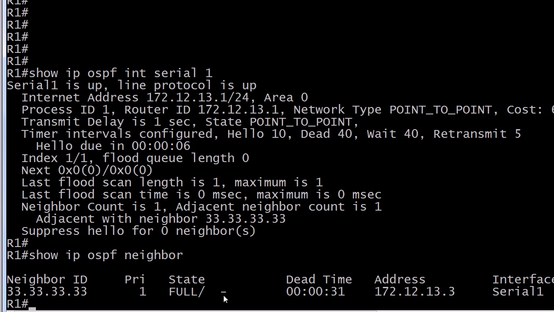That means we literally do not have a DR or a BDR. If we think about why those are used, to lower the amount of traffic, really the overhead, on a broadcast network and an NBMA network, then if you've literally just got two routers on a network, you don't really need the whole DR/BDR concept. With a point-to-point network, since two routers is all you can have, you're not going to have one.